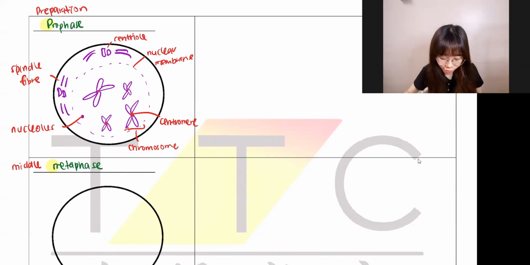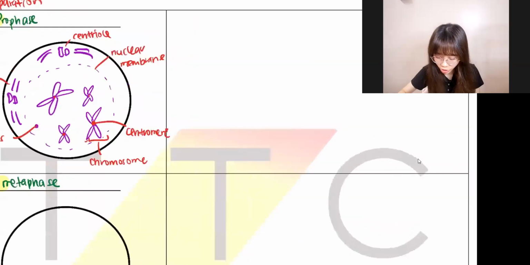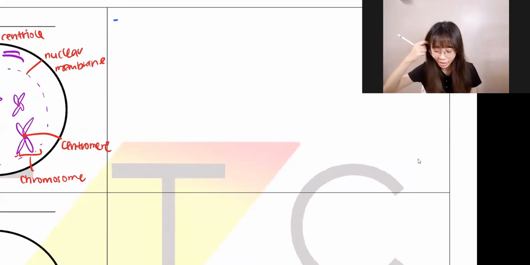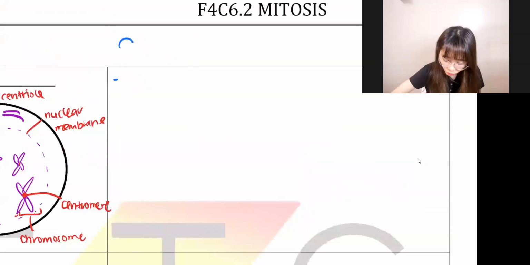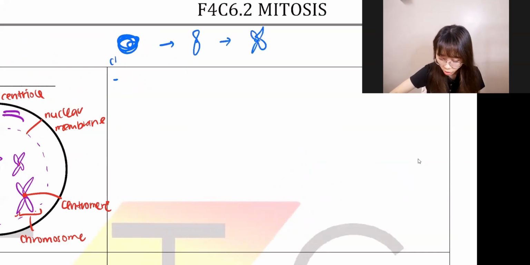Number one, we're going to start from the centriole first, because just now we mentioned centrioles. Maybe I use a different color, maybe blue over here. So you're going to say there's a centriole. Actually, you're going to start from chromatin first, sorry. Chromatin is the chromosome, because we have a sequence. Chromatin forms into a chromatid, it forms into a sister chromatid.